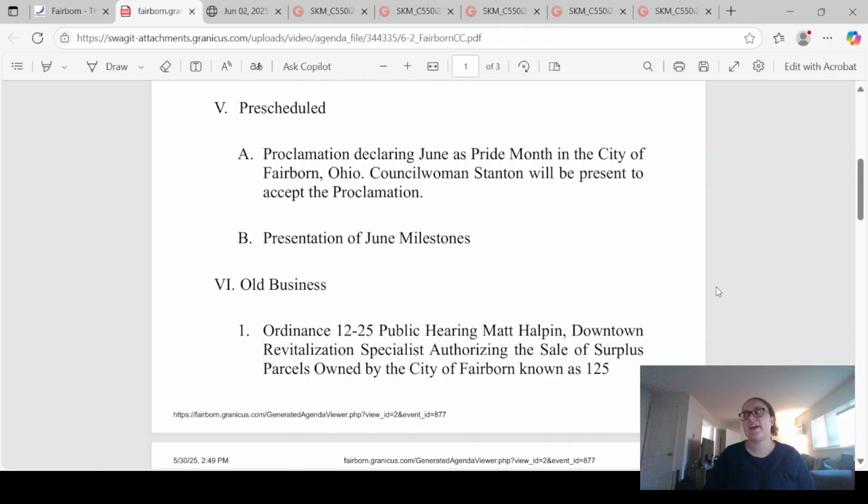So, for example, May, they had a proclamation on Motorcycle Awareness Month, and I think they were giving out bumper stickers and making posts on social media just to make people aware of being safe around motorcyclists.